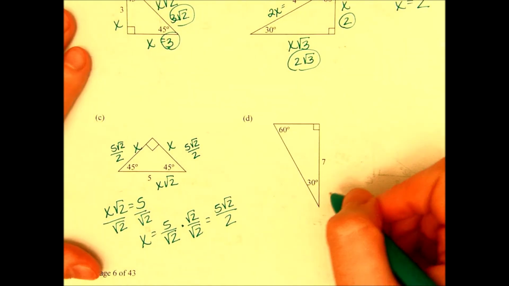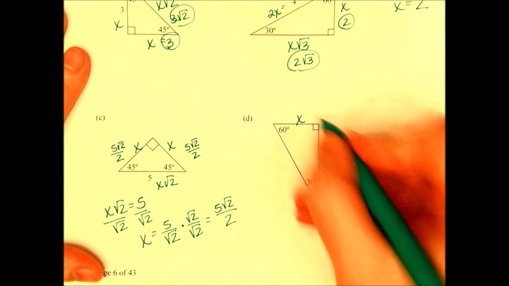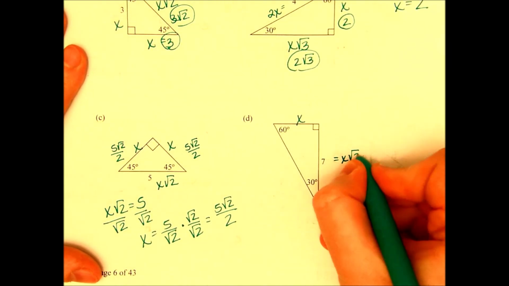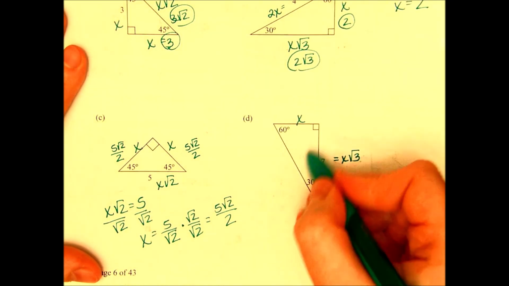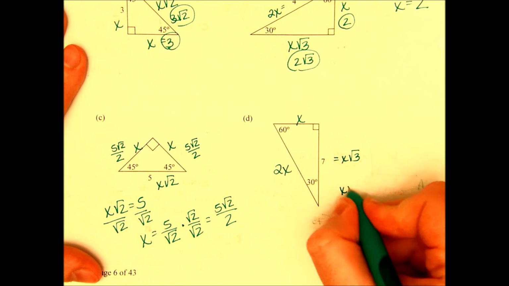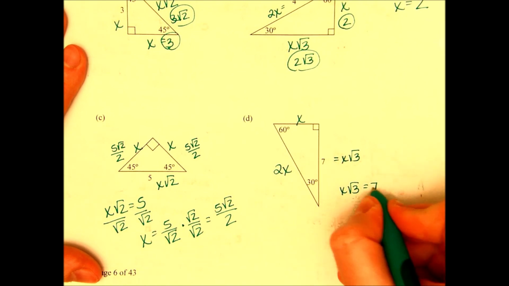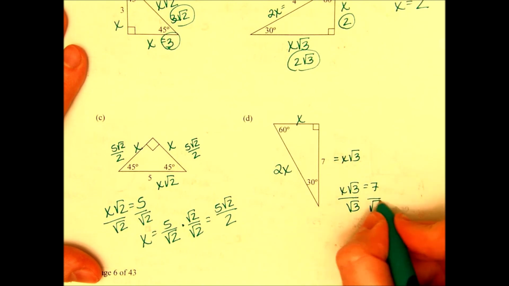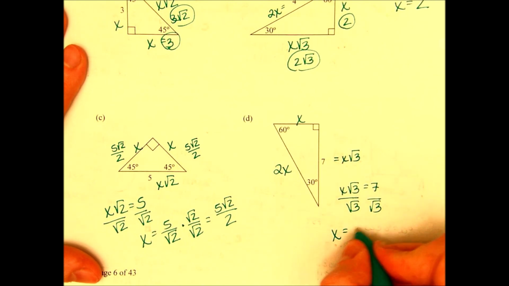In this last one, I'm going to label what's across from the 30 as x. What's across from the 60 is x root 3, so it's going to be another equation with some roots in there. What's across from the 90 is 2x. So I'm going to say x root 3 equals 7. I'm going to divide both sides by root 3, x equals 7 over root 3.